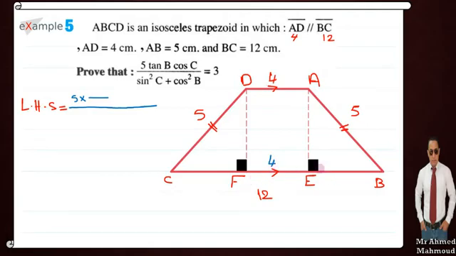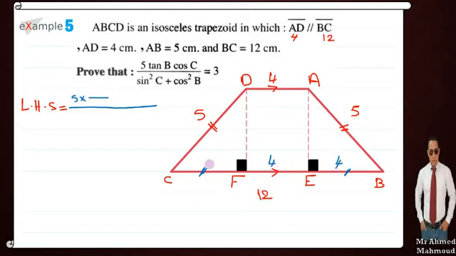Because BC equals 12, 12 minus 4 equals 8. 8 divided by 2, because BE equals CF. Why? Because triangle ABE is congruent to triangle DFC, so BE equals FC. 12 minus 4 equals 8, 8 divided by 2 equals 4.